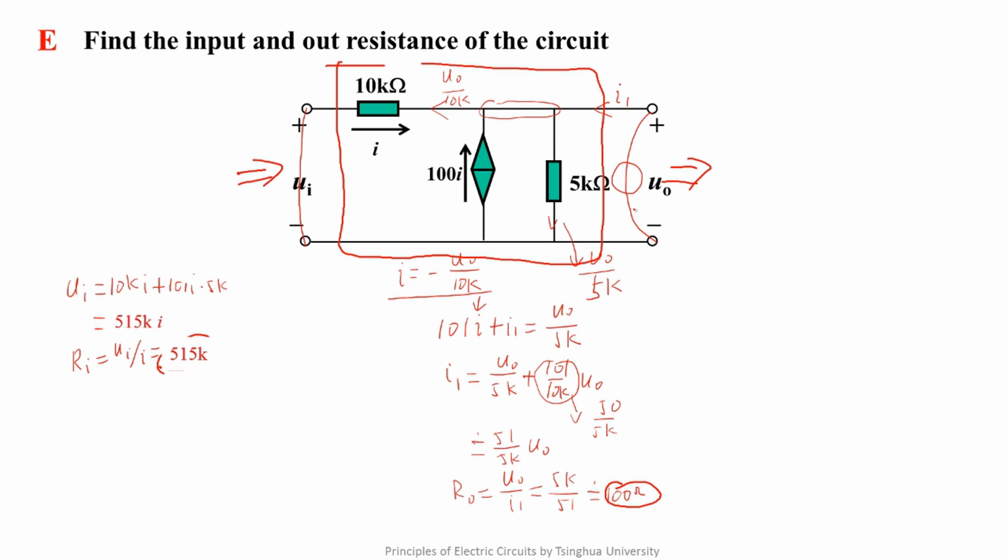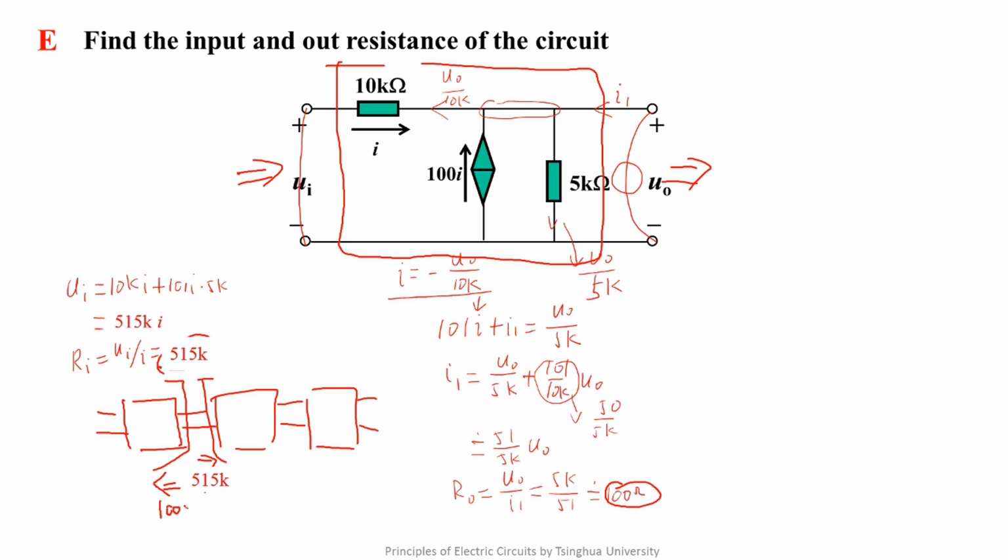The circuit is a cascade connection of many signal processing circuits. The concept of the cascade connection is discussed in the lectures of the two-port network. If the input resistance of every two-port is 515K and the output resistance of every two-port is 100, the equivalent circuit seen from this port to the left and the right side respectively is like this.